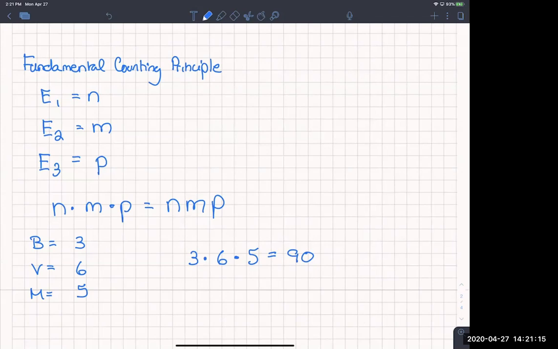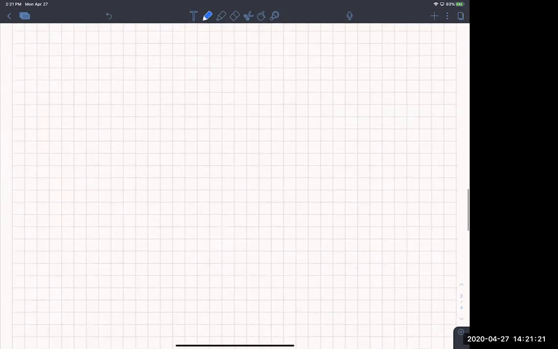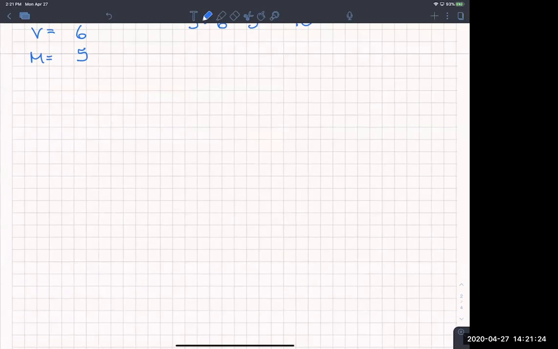Now, this might not seem obvious, so let me give you another example. Let's say you go to an ice cream shop and they have chocolate, vanilla, and strawberry ice cream, and with each ice cream you can add either sprinkles, nuts, or fruit.